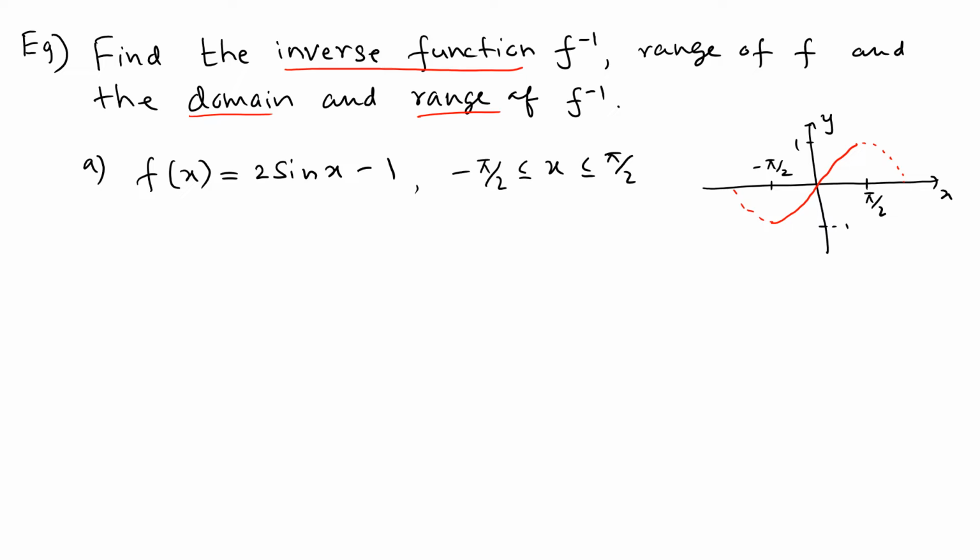That's how we restrict the domain, and you can see it is a one-to-one function in that particular domain. That's the important part. So the answer is that the function f is one-to-one on that domain and has an inverse.